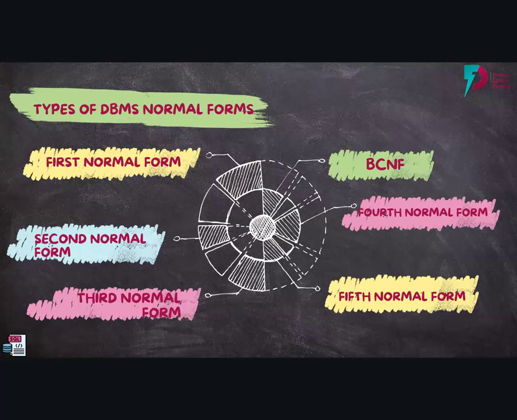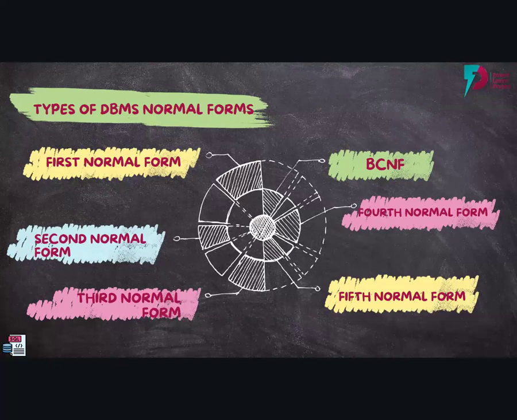The second normal form eliminates partial dependency by ensuring that non-key attributes depend only on the primary key. The third normal form removes transitive dependency by ensuring that non-key attributes depend only on the primary key. This level also builds upon 2NF.